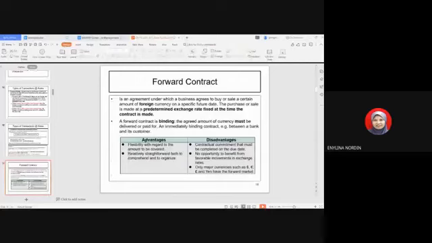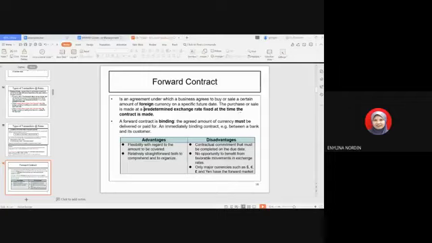We have covered the forward rate just now. Forward rate will be used in the forward contract or forward trade. So a forward trade can be secured by the forward contract. This is an agreement under which a business agrees to buy or to sell a certain amount of foreign currency on a specific future date. The purchase or the sale is made at a predetermined exchange rate fixed at the time the contract is made.